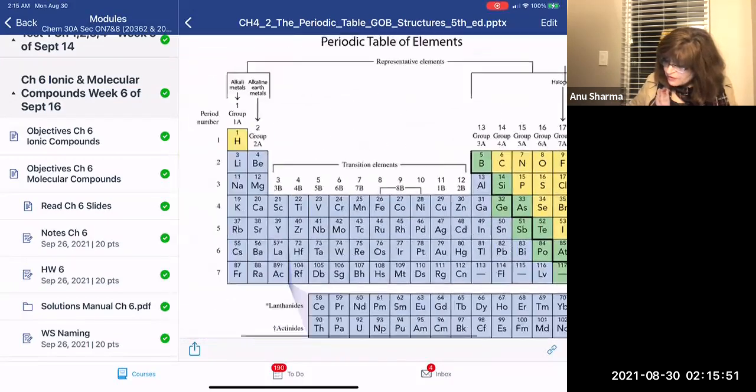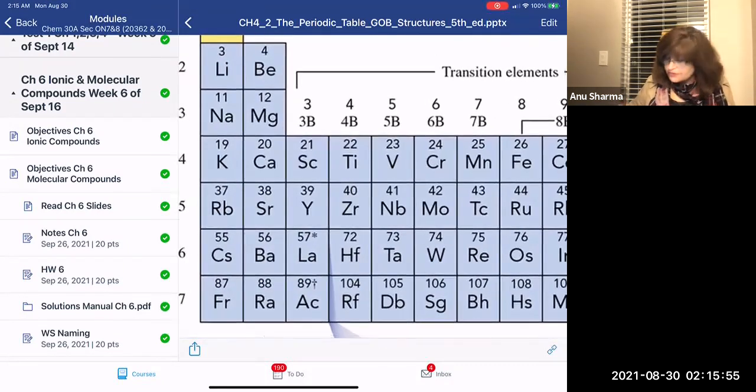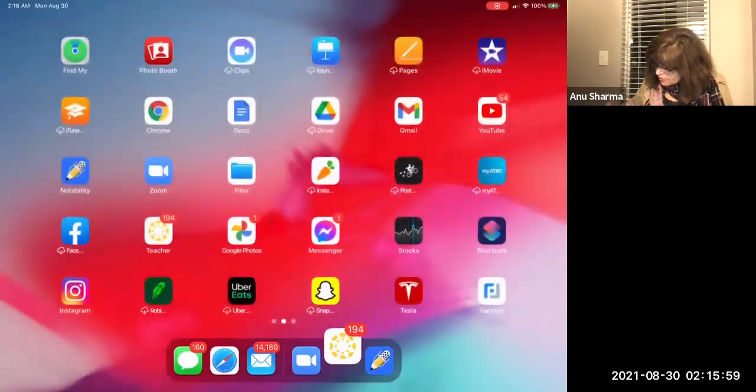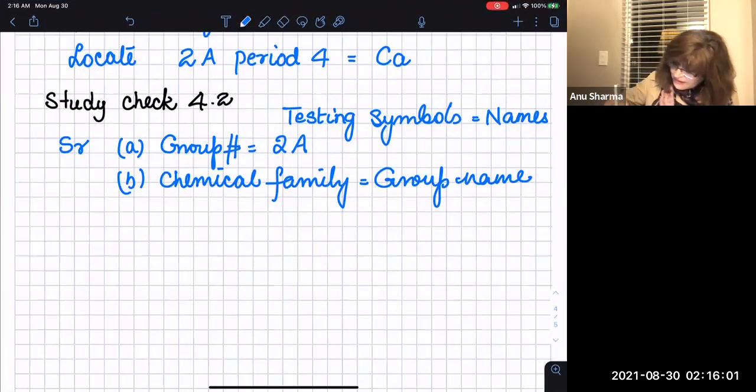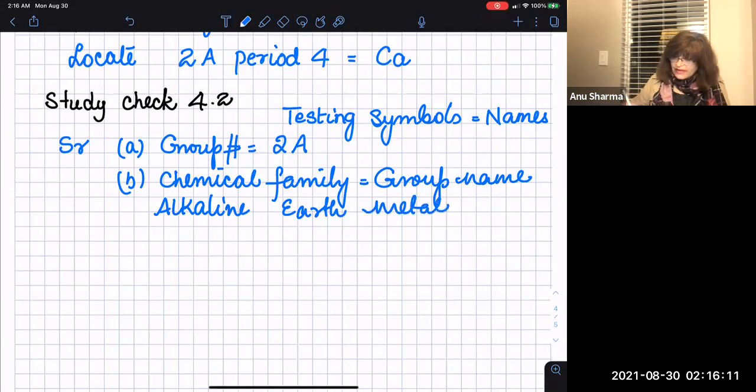So anyway, we are looking at strontium, and strontium belongs to the alkaline earth metals. So let's go back and write this down. The chemical family is alkaline earth metal, or element.